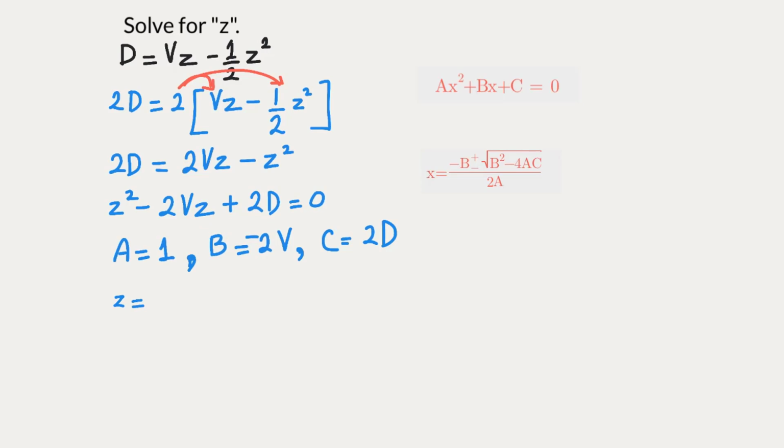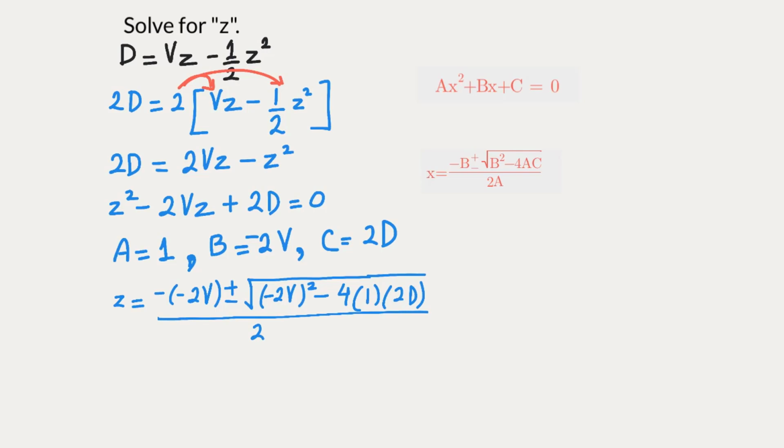Z equals negative b, which is negative times negative 2v, plus minus under root of b square, which will be negative 2v square, minus 4ac, which is minus 4 times 1 times 2d, whole divided by 2a, which is 2 times 1.